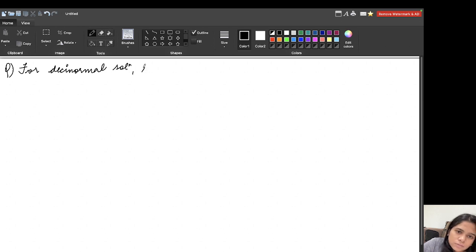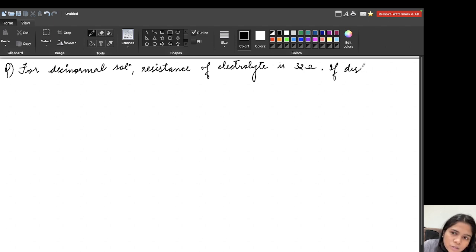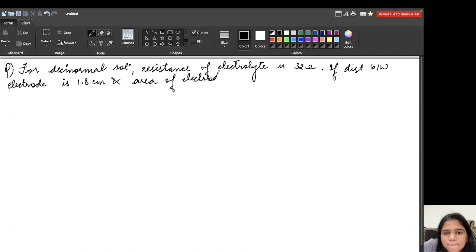For a decinormal solution, the resistance of the electrolyte is 32 ohm. If the distance between electrodes is 1.8 centimeter, and the area of the electrode, what is the area? 5.4 centimeter square.